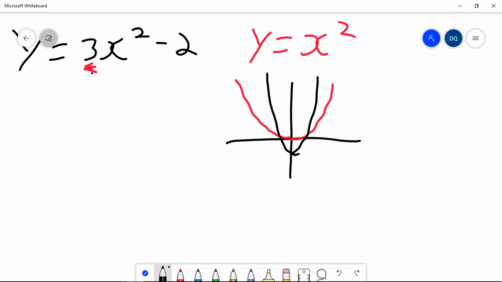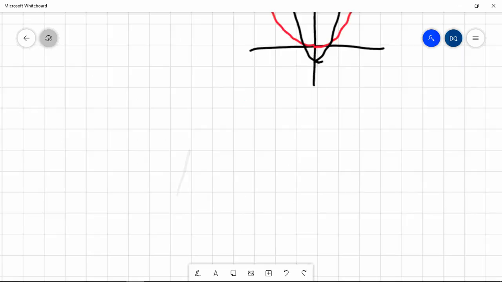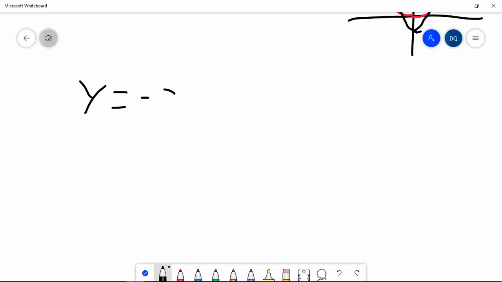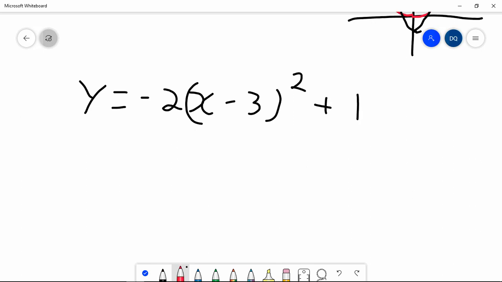So let me do a couple more examples. Let's say we have y equals negative 2 times (x minus 3) squared plus 1. Okay. So now I have a vertical stretch by a factor of negative 2.